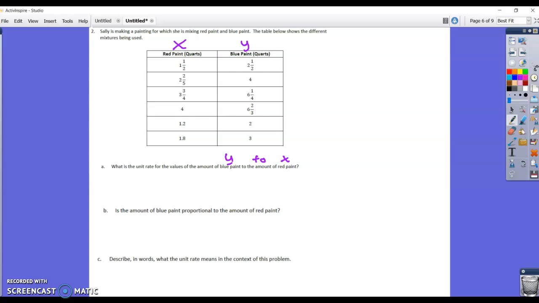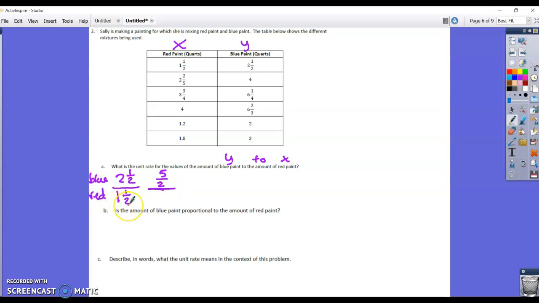Okay, so the amount of blue paint was 2 1/2 to the red paint, which is 1 1/2. So 2 times 2 is 4 plus 1 is 5 over 2, divided by, remember this is blue, we should label that, this is red.